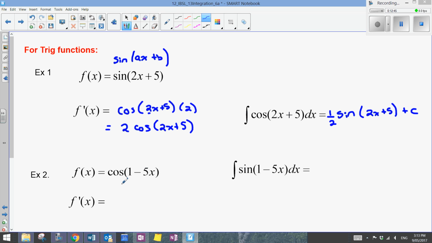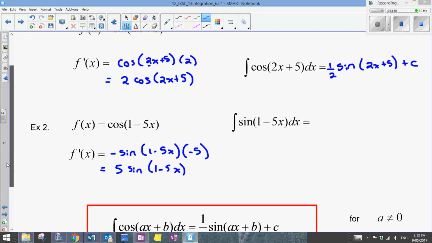When we took the derivative of cosine, we get negative sine, keep the inside the same, multiply by the derivative of the inside, which is -5. So this winds up being 5 sine of 1 minus 5x. However, we know that the derivative of sine is cosine. So the antiderivative of sine is going to be negative cosine.